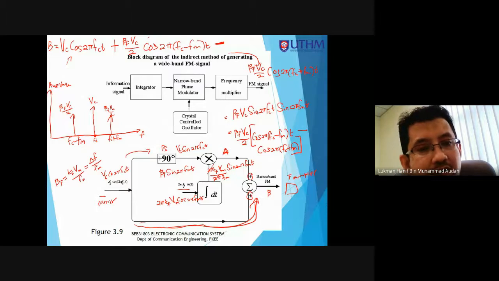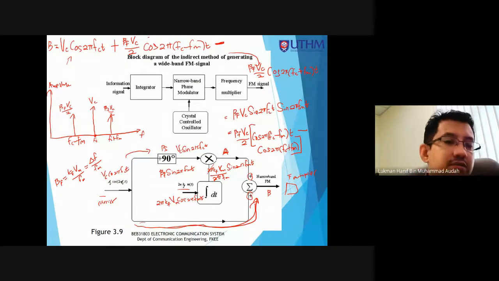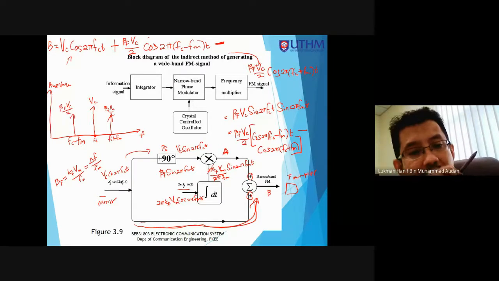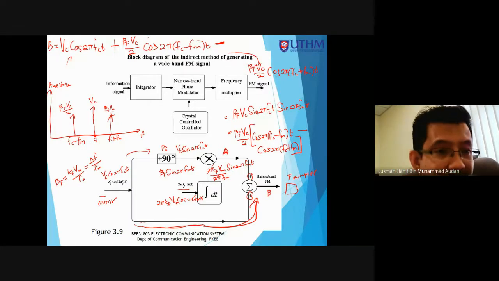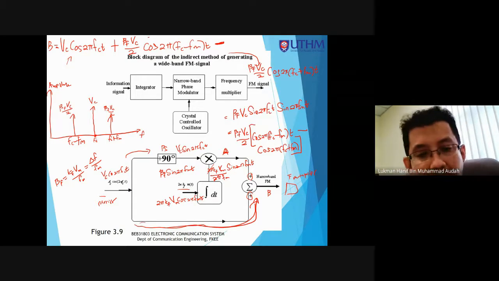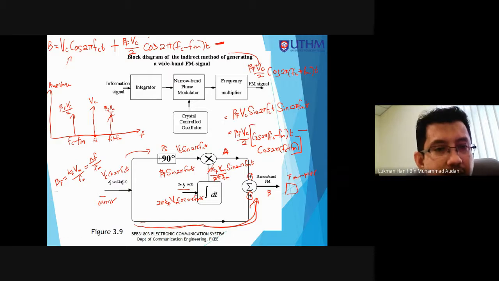Okay. And if you want to calculate the power, that means kalau kita nak kira power, bermakna kita tak boleh gunakan persamaan yang double sideband. Mungkin akan berlaku kesilapan. Okay. So what you need to do if you calculate the power, that means power of the lower sideband.